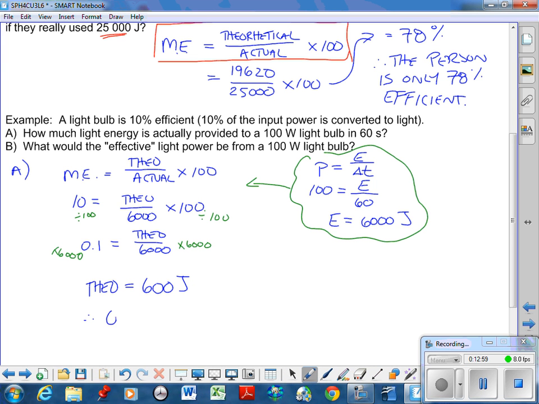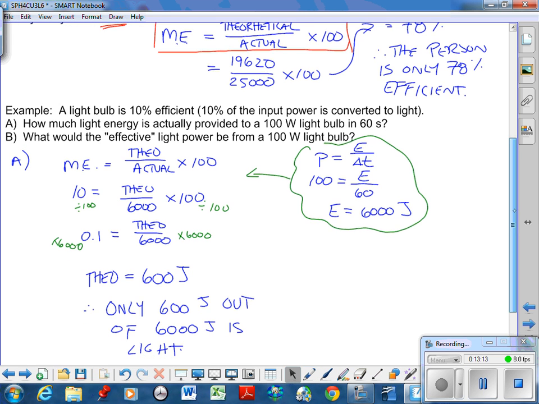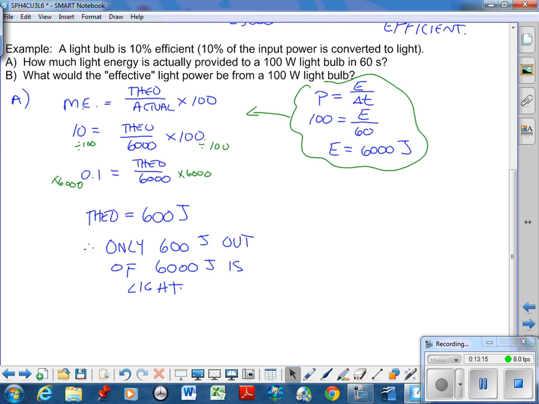Therefore, only 600 joules out of 6,000 joules is light. So those old light bulbs, the ones that really heated up, most of that energy was going to heat. Only 600 joules of that 6,000 was actually becoming light. So what would the effective light power be from the light bulb?